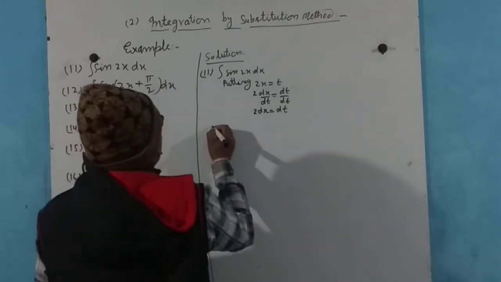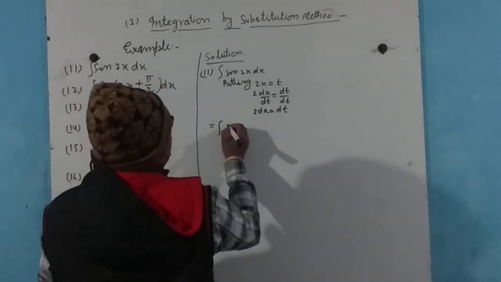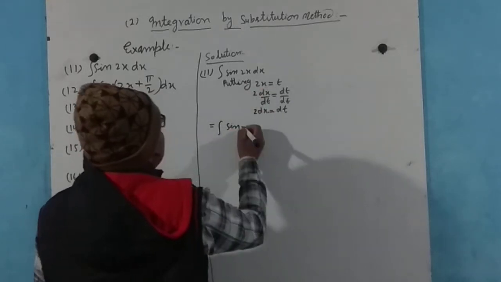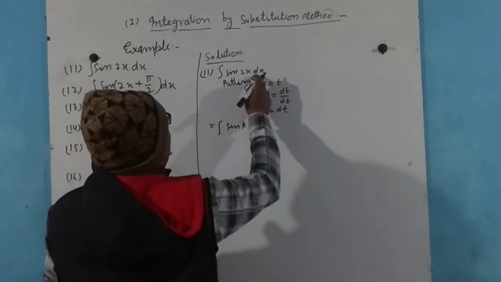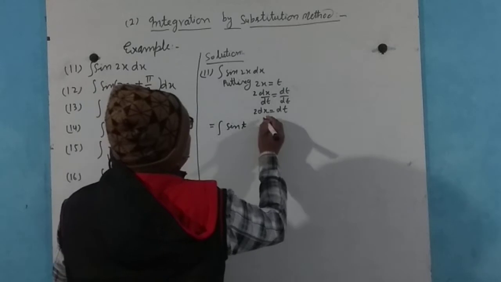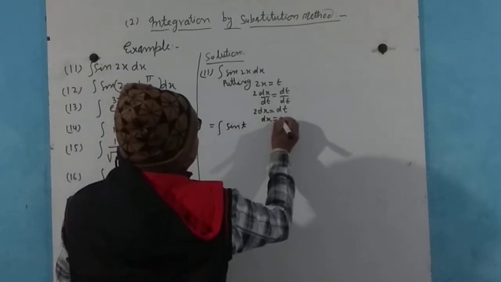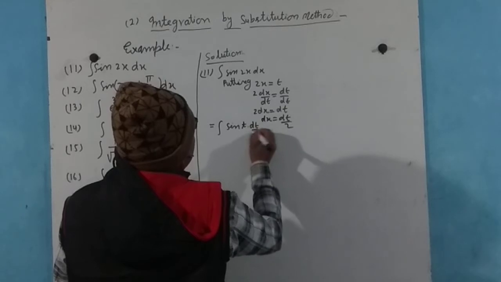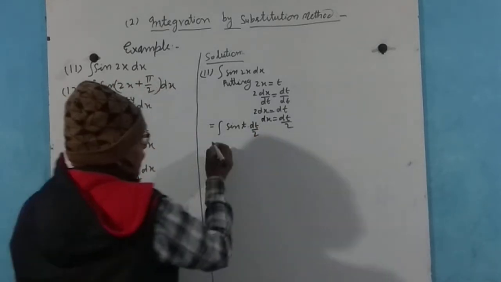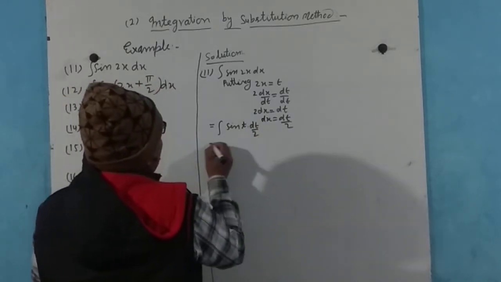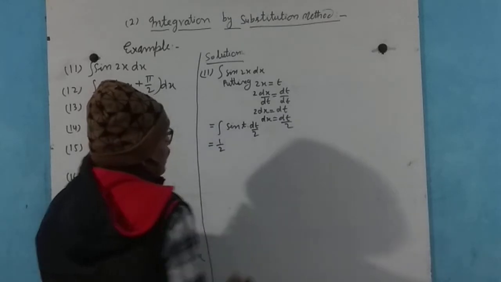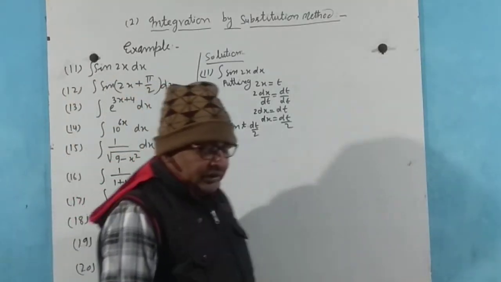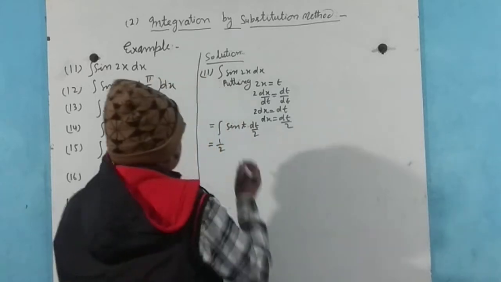Putting this in the equation, integration of sin 2x equal to t, sin t, and dx equal to dt by 2. It means that 1 by 2 and integration of sin t equal to minus cos t.